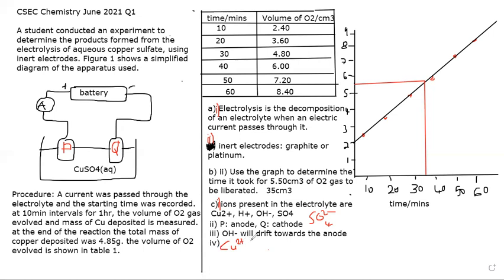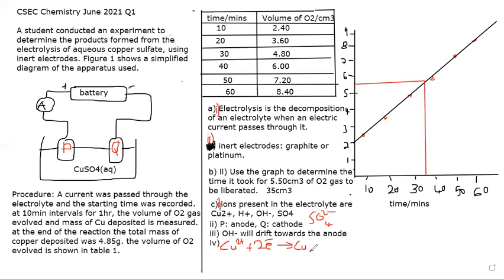And remember, at the cathode, reduction occurs. So the positive ion would migrate to the electrode and gain electrons, the number equal to the charge on the positive ion. So Cu2 plus will gain 2 electrons to give the atom of copper.